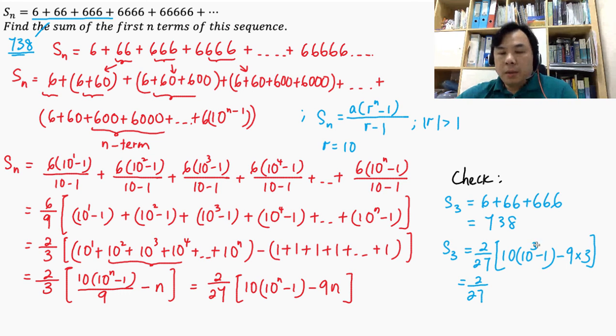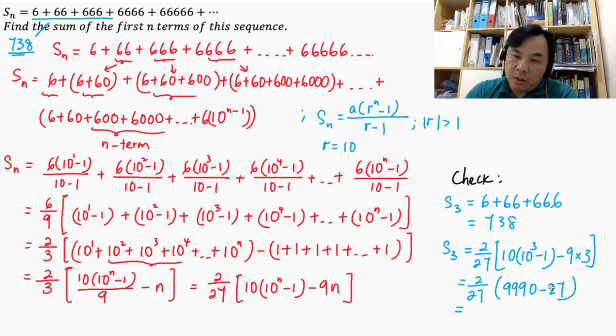Okay, and then this part here will be 9,990. Okay, this one should be 999, minus 27. All right. So if you use your calculator to evaluate this, I just want to check very quickly, see whether I got this correct.